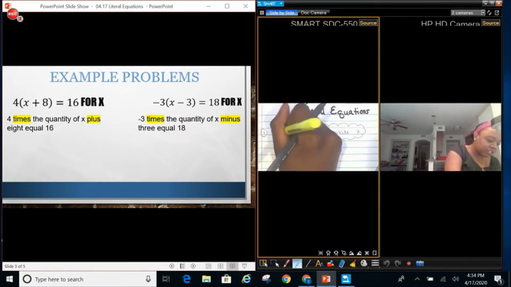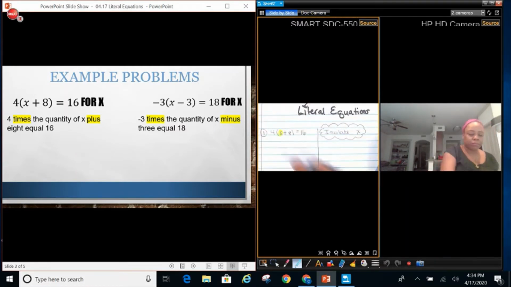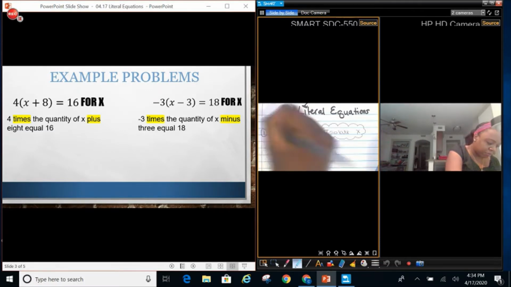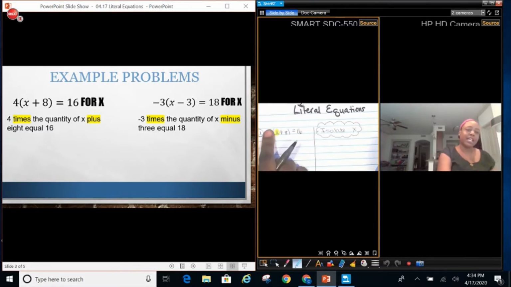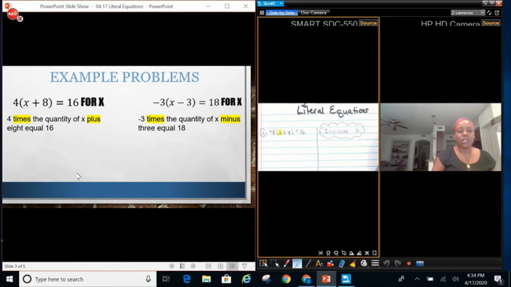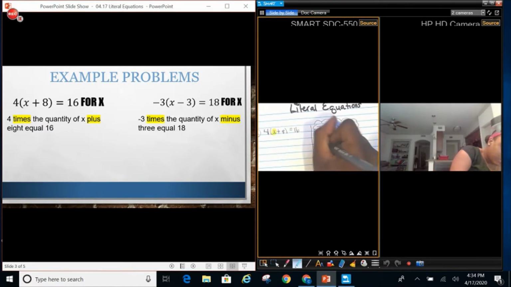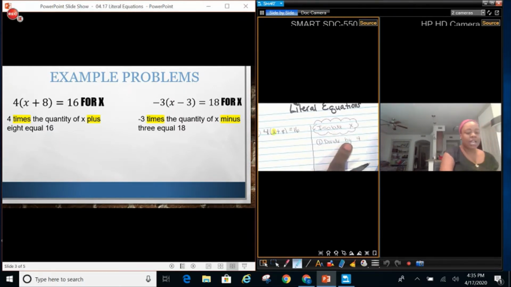Here is the letter x right here. Since it's saying 4 times the quantity, what I'm going to do is undo this times by division. So my very first step is to divide by 4.